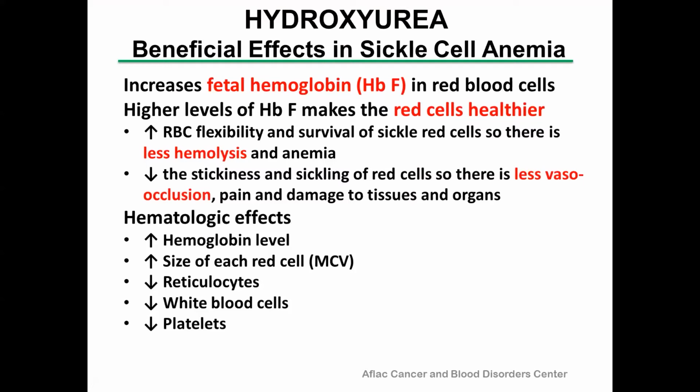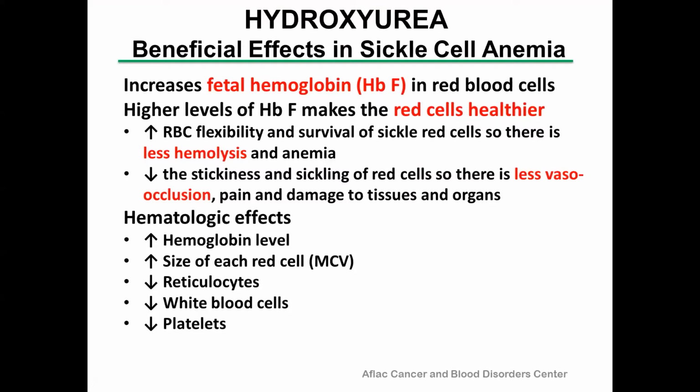That's the MCV on the blood counts, and bigger cells are healthier cells. And as a result of having healthier red cells that last longer, the bone marrow doesn't need to make as many new red cells or reticulocytes as it did before being on hydroxyurea. Other benefits are that hydroxyurea tends to lower the number of the white blood cells that fight infection and the platelets in the blood that help to stop bleeding.